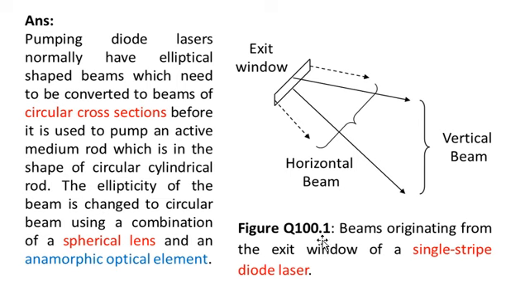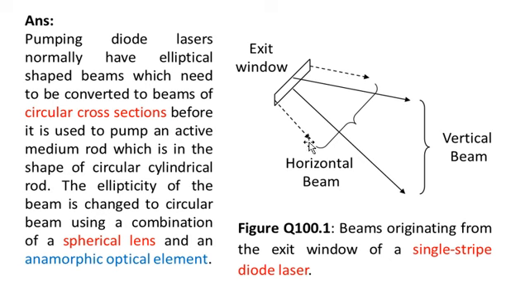Look at figure 1. The caption of the figure is: beams originating from the exit window of a single strip diode laser. You can see that two beams have been shown. One is in dotted, the other is in solid lines.